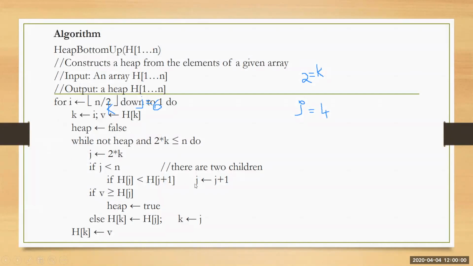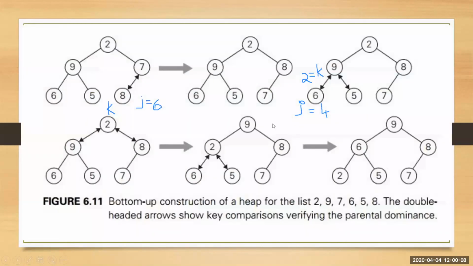Then you point the j to whichever element is bigger. Now in this example, let us see how it works. J is here. Now it checks whether h of j is lesser than h of j plus 1. It is not lesser. H of j itself is bigger, therefore j remains there itself, which means that the left child itself is the biggest.